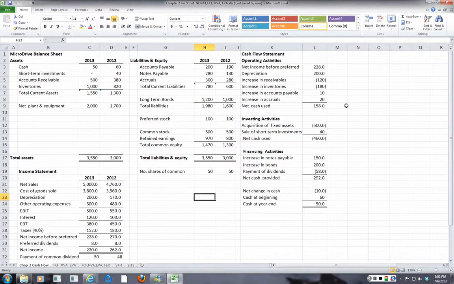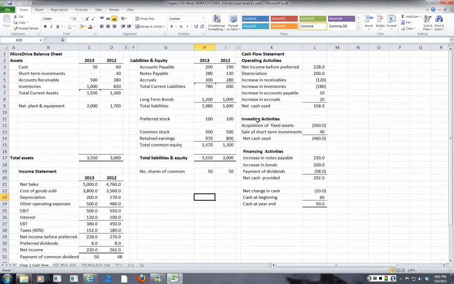In this case, the company has $158,000 of positive cash flow coming from the operating activities and the changes in the current assets and current liabilities, which affect the cash flow.